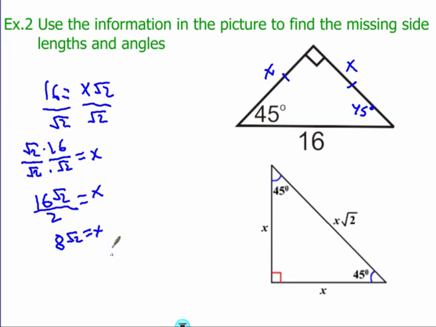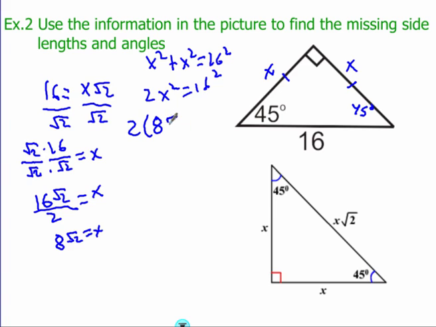So this comes out to kind of a weird looking answer, so maybe we want to check this just to make sure. We know from the Pythagorean theorem that x squared plus x squared equals 16 squared. So that's 2 times x squared equals 16 squared. If we substitute in what we just got for x, 2 times 8 square root of 2 squared equals 16 squared.